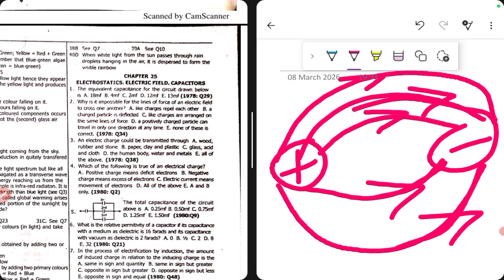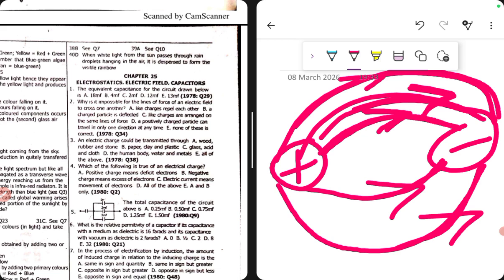Then C says like charges are arranged on the same lines of forces. No, each of them has their different lines of forces and their behavior. Then D says a positively charged particle can travel in only one direction at a time. True. Like the positive charge goes outward, right? And the negative charge also travels in one direction at a time. So that's the reason why.